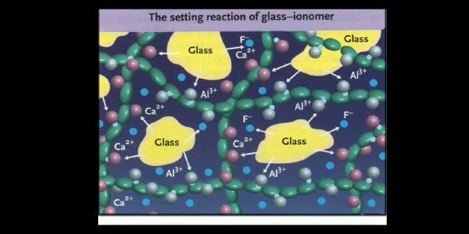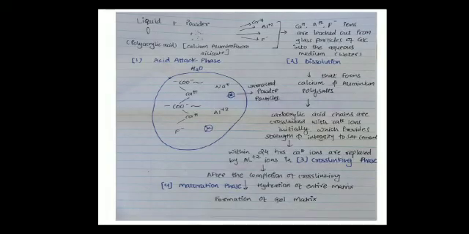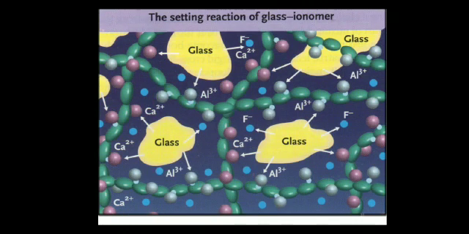Here also we can see glass particles from which calcium, aluminum, and fluoride ions are leached out, and they react with the carboxyl group polychains, and they form a matrix.